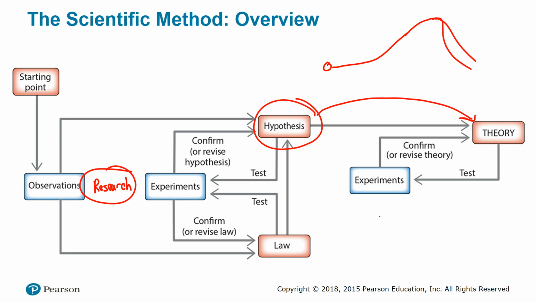Eventually, if it's tested enough and it's always proven to be true, then it can go back to a law. So the scientific method is a cycle. You keep testing it until you see that it doesn't need to be tested anymore. And it doesn't necessarily just mean that one person is testing it. People all over the world need to be able to test it and get the same results. All right.